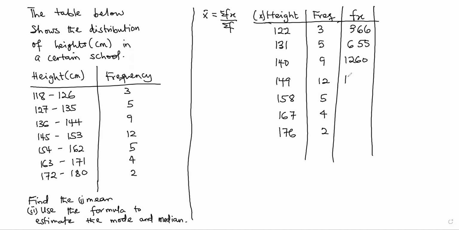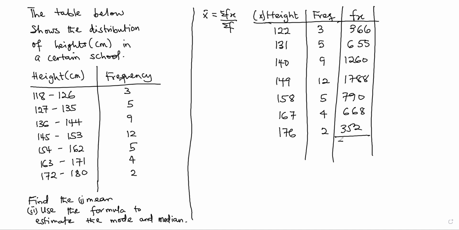Times 12 is 1788. 158 times 5 is 790. 167 times 4 is 668. You must make sure you don't make any mistake, because any mistake affects the whole answer. So this gives you 352.